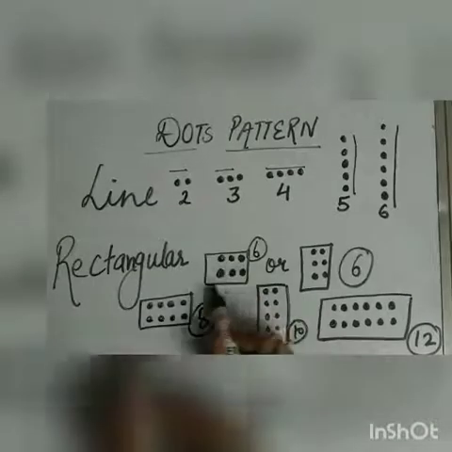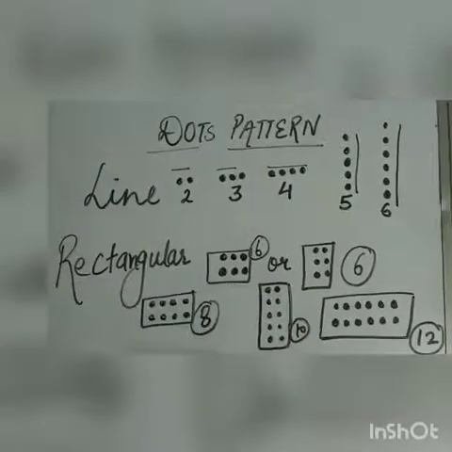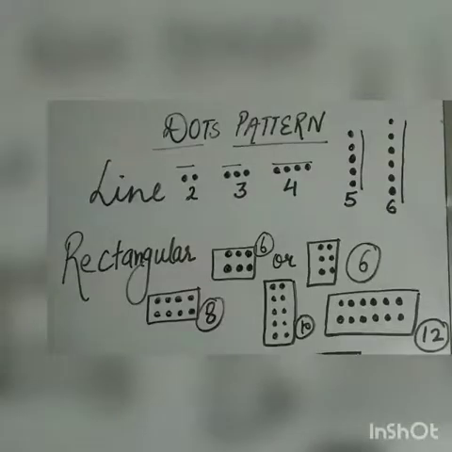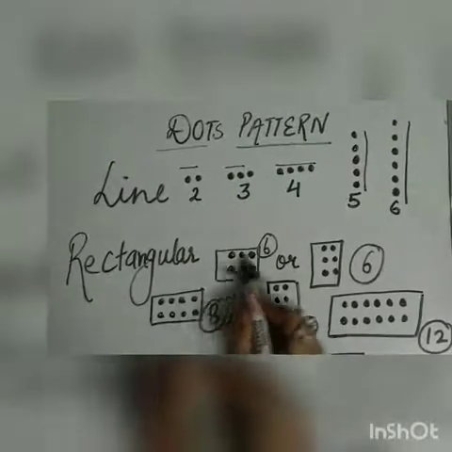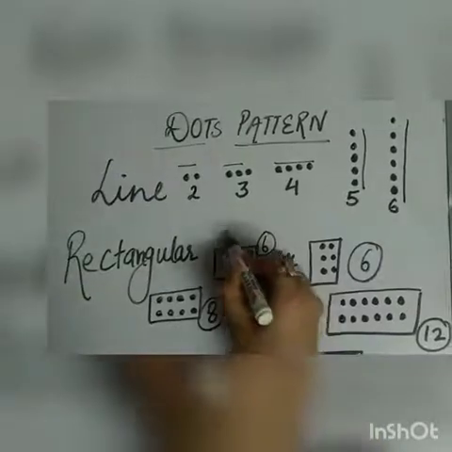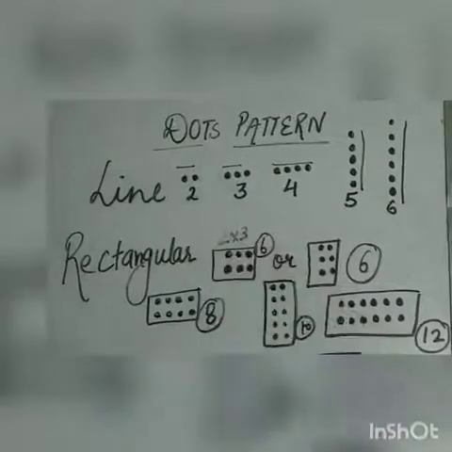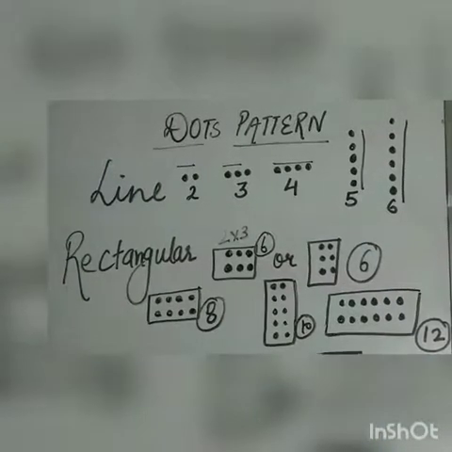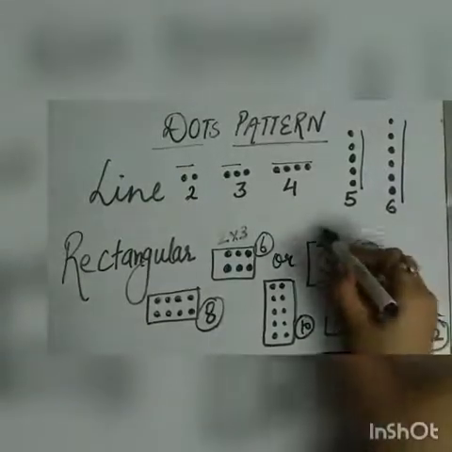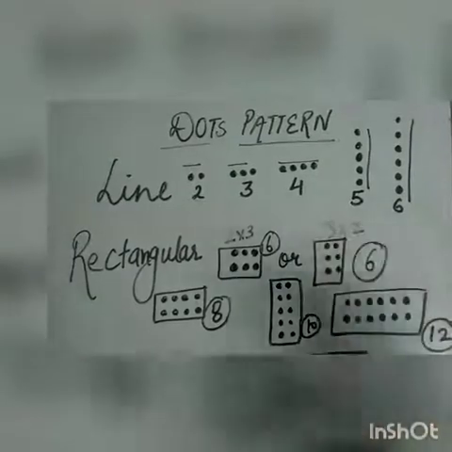The number of dots in the rectangular pattern can be calculated by multiplying the number of rows with the number of columns. The rows are 2 and the columns are 3, so 2 multiplied by 3 is equal to 6. Similarly, the rows are 3 and the columns are 2, so 3 multiplied by 2 is equal to 6.